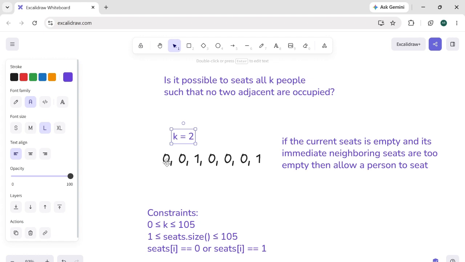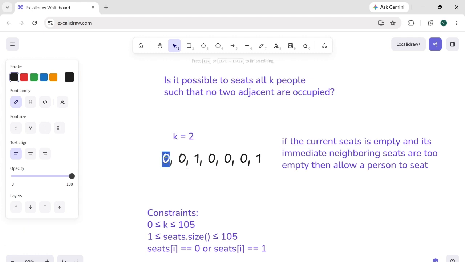If the current seat is empty and its immediate neighboring seats are also empty, then I can allow one person out of the 2 people to sit here.